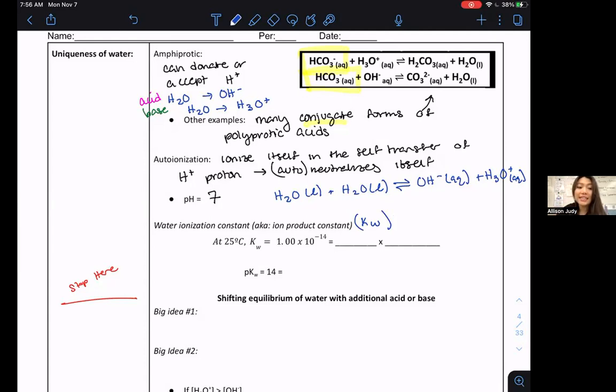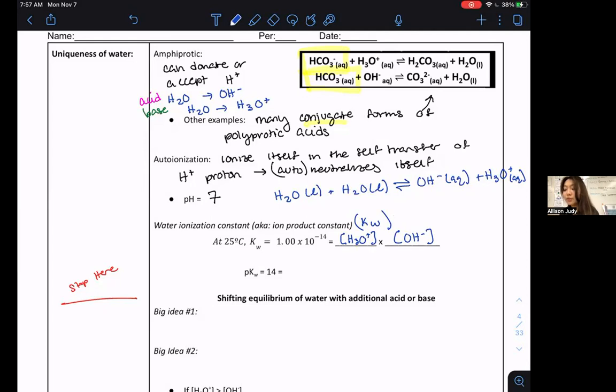And that equals the concentration of H3O plus times the concentration of OH minus.